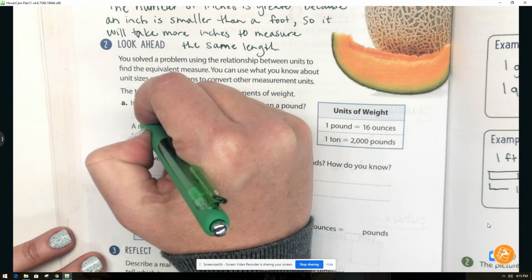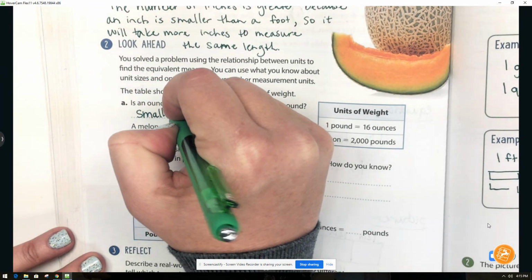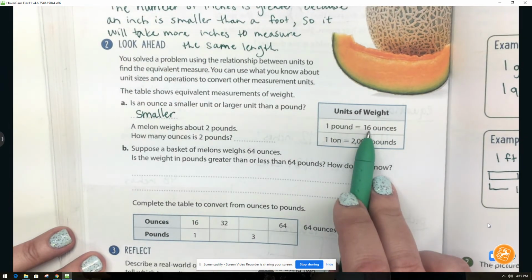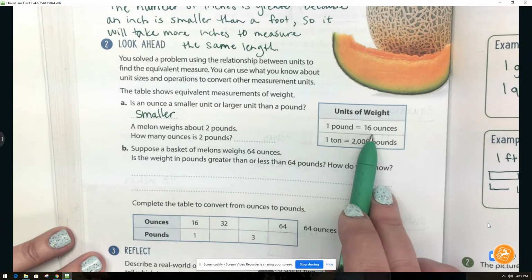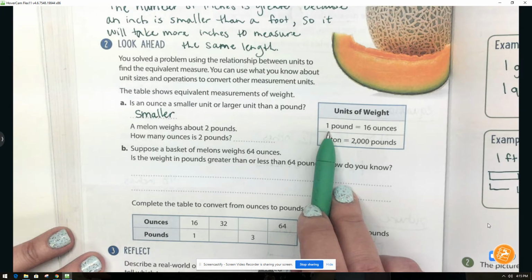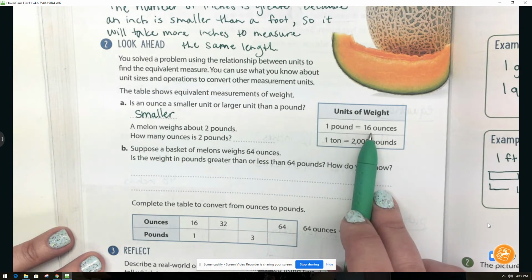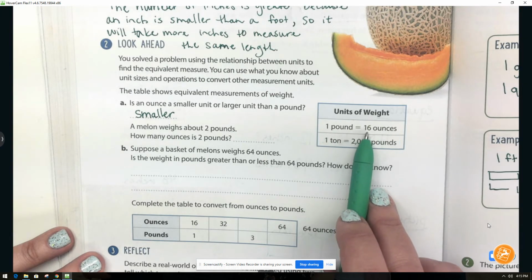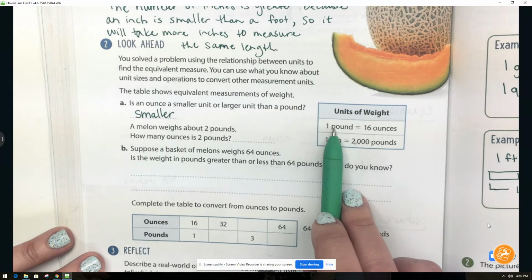That's right, it's a smaller unit. The way that we know that an ounce is a smaller unit than a pound is because you can put 16 ounces into 1 pound. So you cannot put a pound into an ounce because a pound would be much too large, but you can put 16 ounces into a pound.